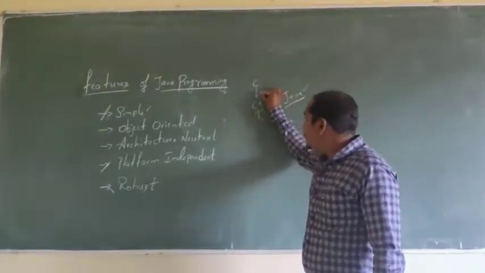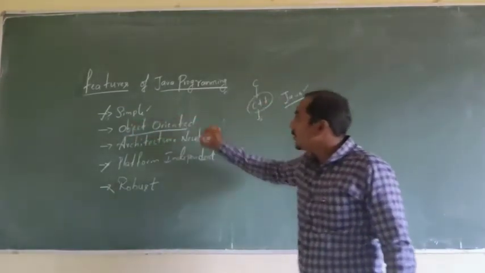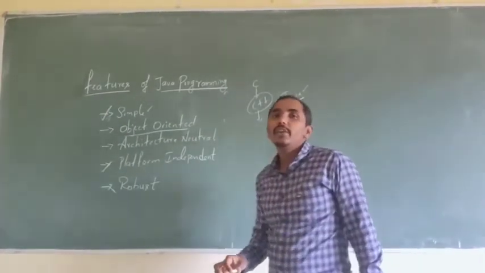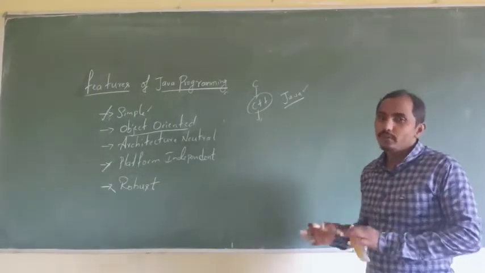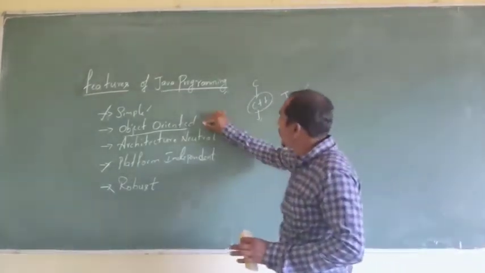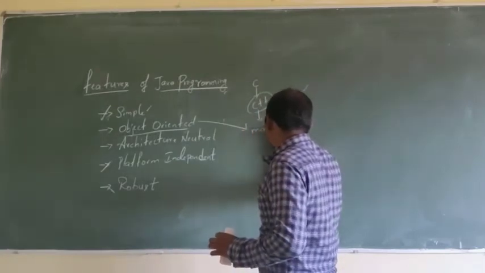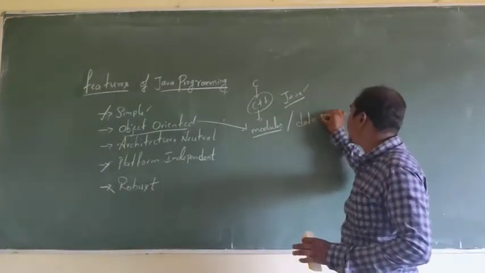So whenever I consider an object oriented programming language, I will discuss this concept called object oriented. What is object oriented? Object oriented is, we are going to divide the main problem into sub modules. So we are going to concentrate more on modules, as well as we are going to provide security for the data.